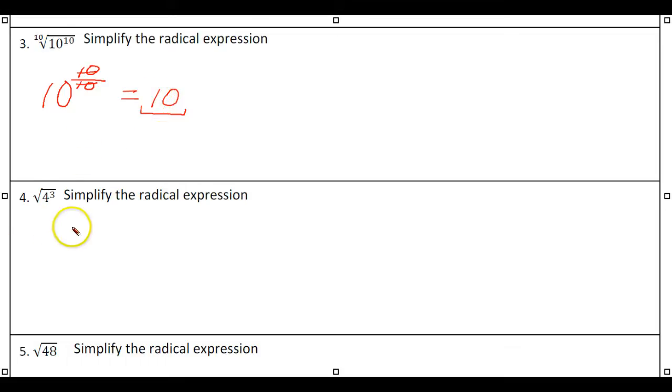Now in example 4, we had said earlier we can rewrite this as a product of radicals, and under the first radical sign we can put any perfect square that we have there, and then what is left under the other radical sign.